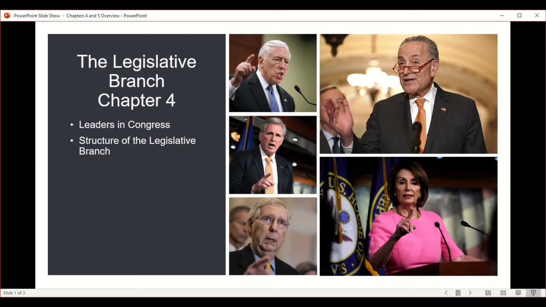If there's ever a tied vote, say 50 Republicans voting one way and 50 Democrats voting the other, then the vice president steps in and breaks that tie.